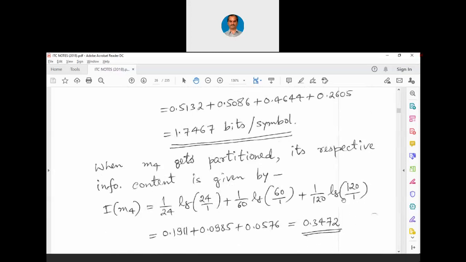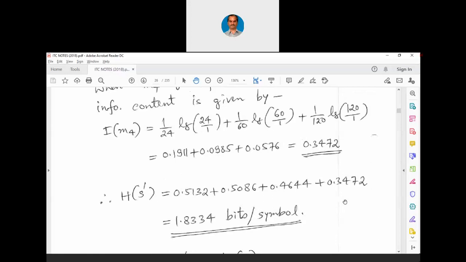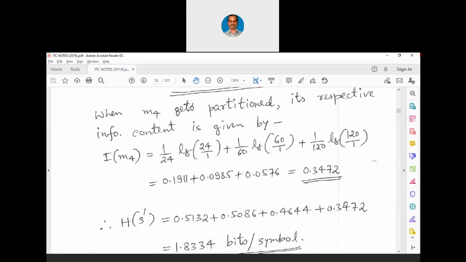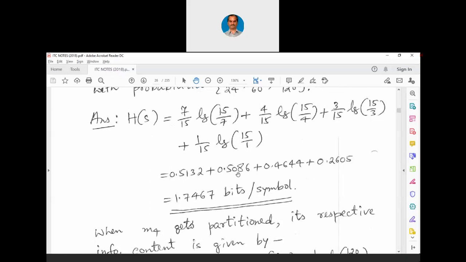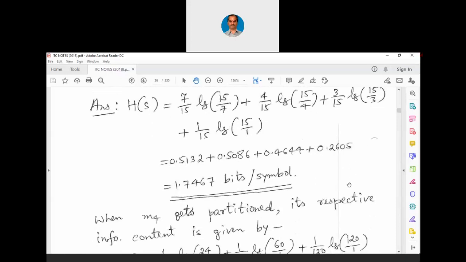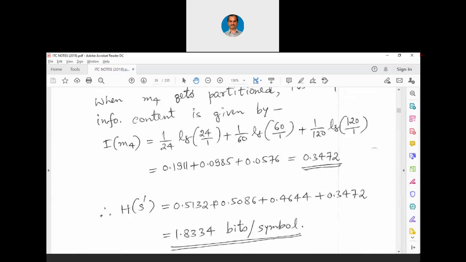Now we will use this with this H of S, just to call it H of S dash. So here you have 0.5132, 0.5086, 0.4644. The last one is going to change now. When you split it into subsymbols, here it is 0.3472. So the total information, which we have called H of S dash.